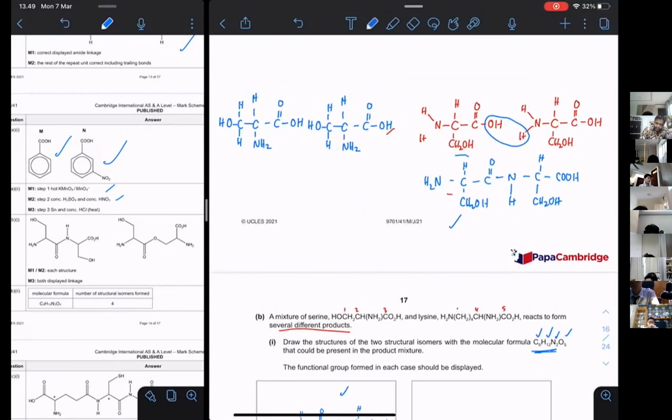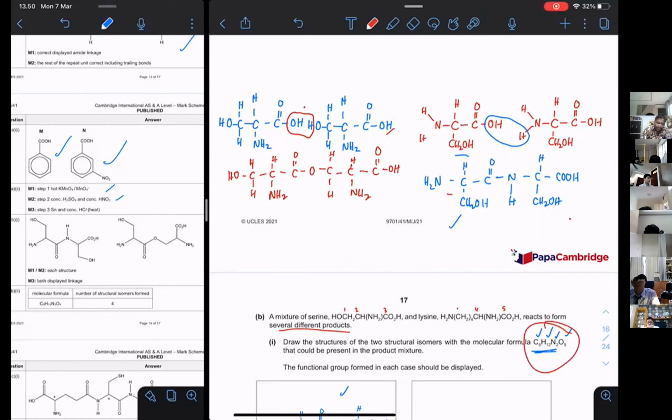These two react, you can see the OH and H will come off. So you are going to get OH, CH2, CH and H2, C double bond O, O, CH2, CH and H2, C double bond O, H. Of course, it's going to be the same as this, H2O, so no need to calculate this again.